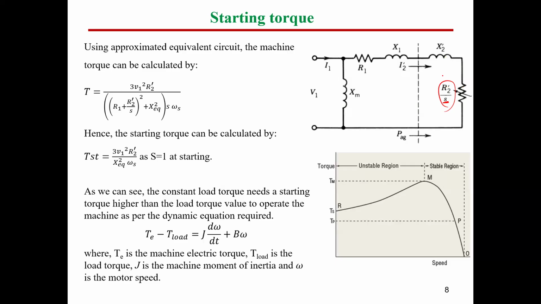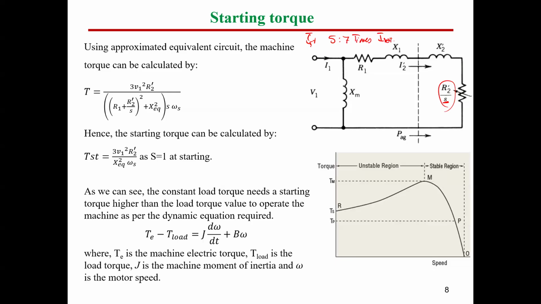So in this case, guys, we expect to have more current flowing in the circuits. And this is the feature of starting of the induction motor. We will solve some problems, guys, and we will see that the starting current of the induction motor, I starting, is 5 to 7 times I rated.